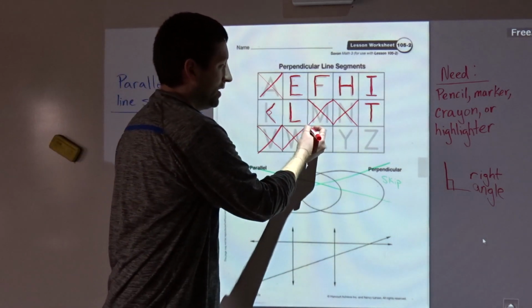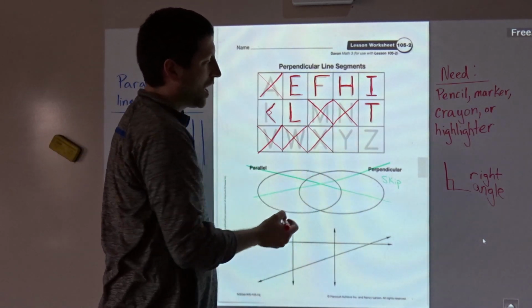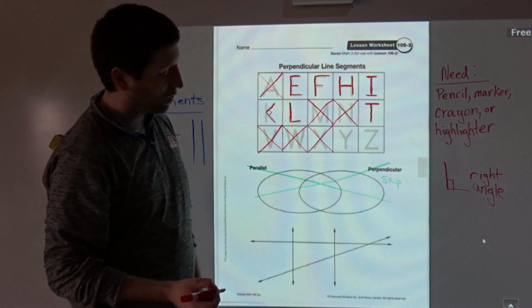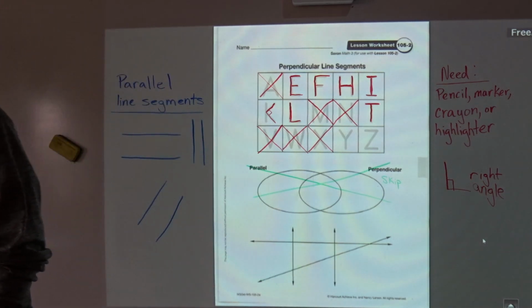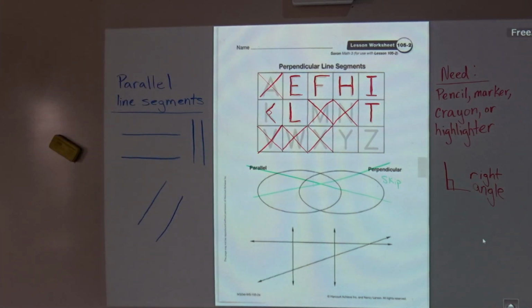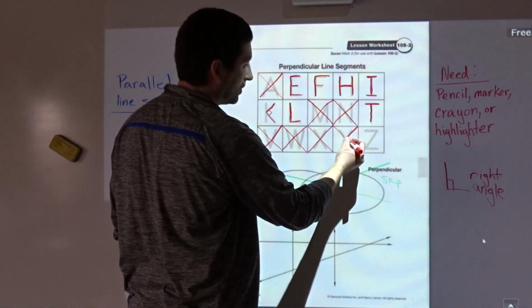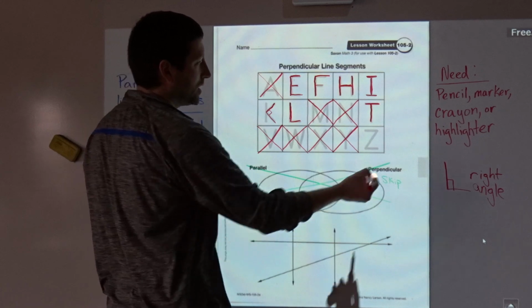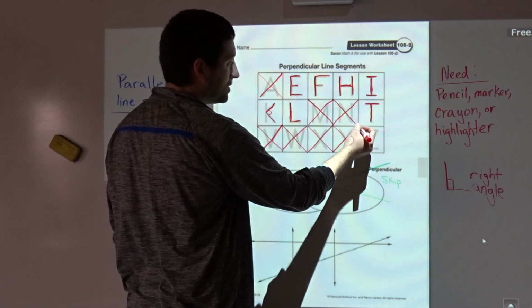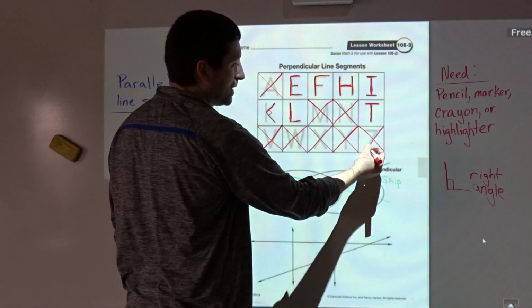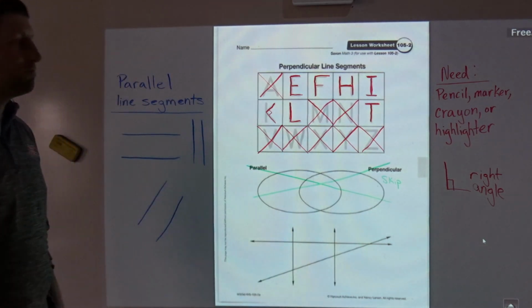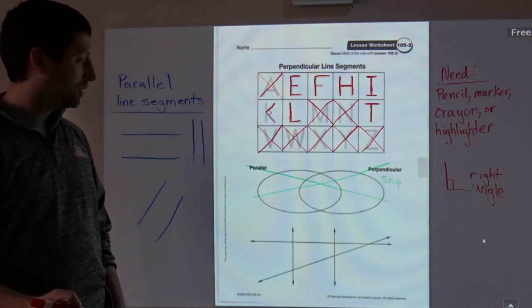So X does not. Y. Now when we make a Y like that, it does not have perpendicular line segments. And neither does Z. Z has parallel line segments, but it does not have perpendicular line segments.